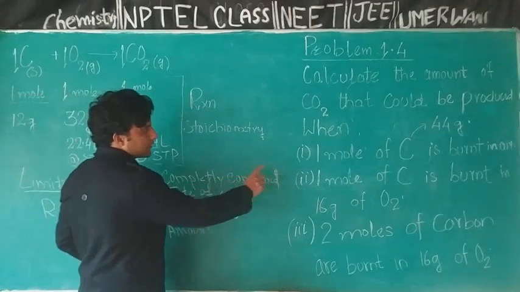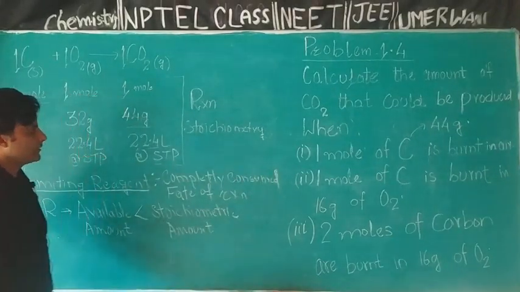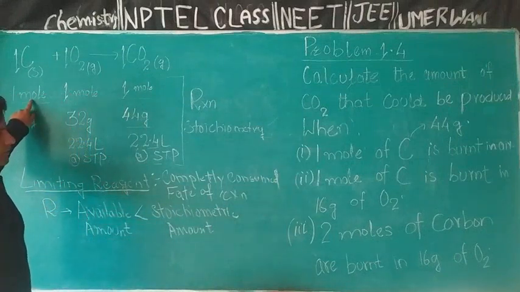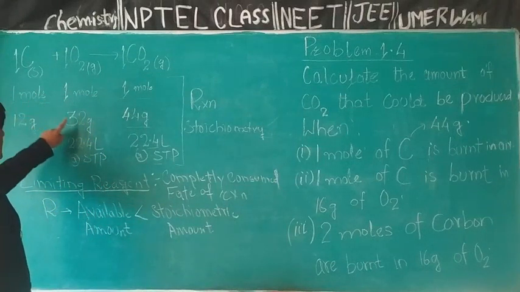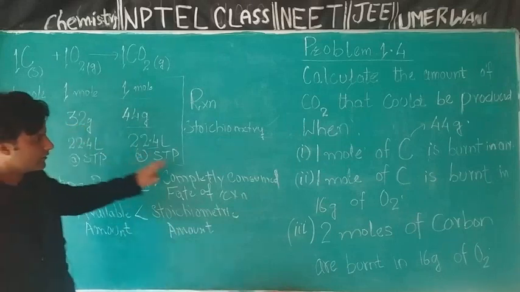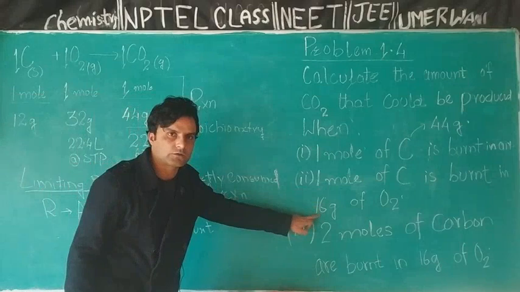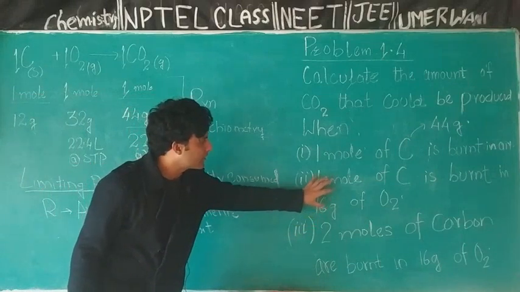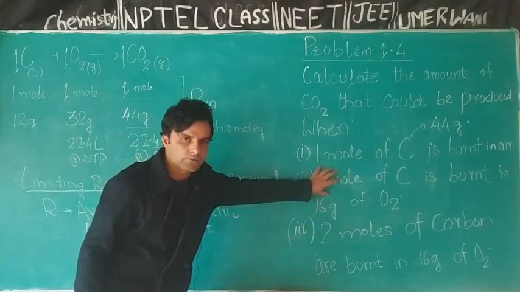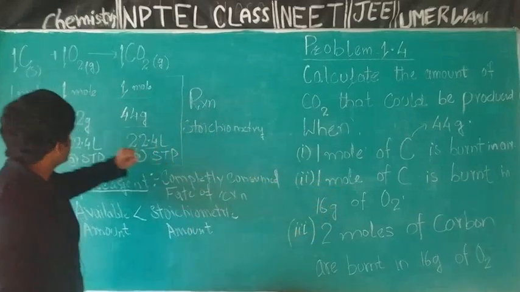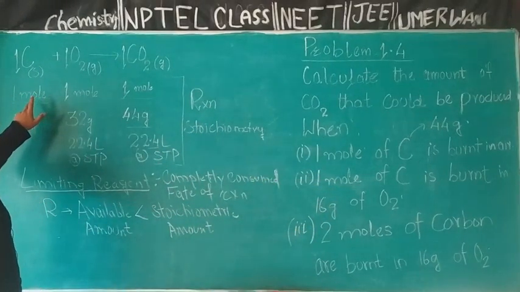Let me answer now the second part of the question. In the second part it is said that 1 mole of carbon is burnt in 16 grams of oxygen. Available quantity of carbon is 1 mole and available quantity of oxygen is 16 grams. Now compare with stoichiometric quantities.